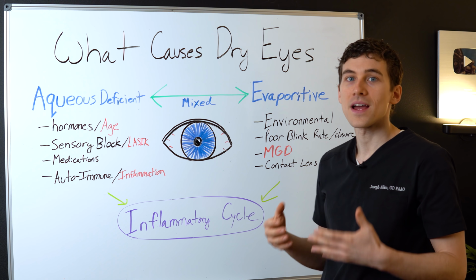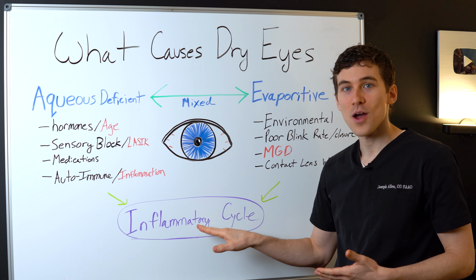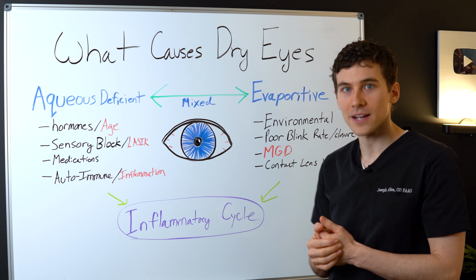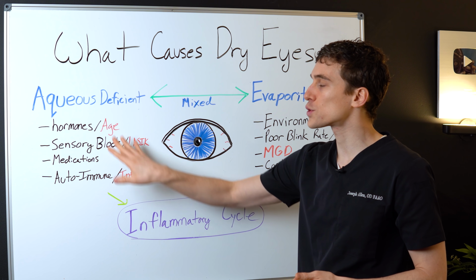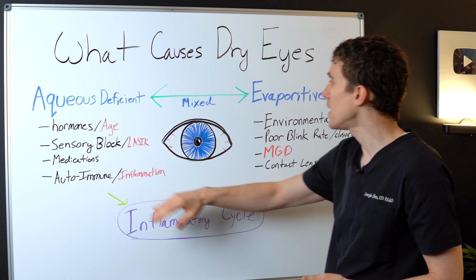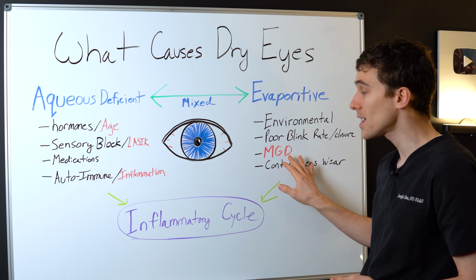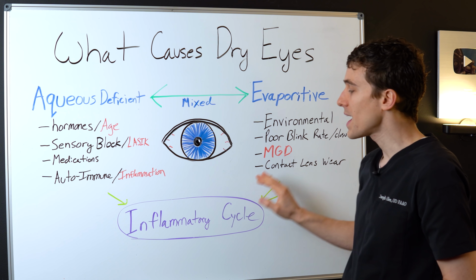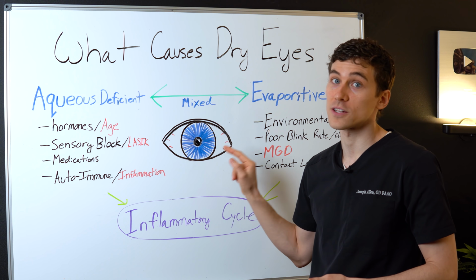And that further aggravates the eye, releasing inflammatory proteins, which basically just starts the cycle over again, where the inflammatory proteins can trigger inflammatory causes for aqueous deficiency. They can cause inflammation on the oil glands on the surface of the eyelid, which again cause evaporation, and even the inflammatory proteins can contribute to damage of the ocular surface.